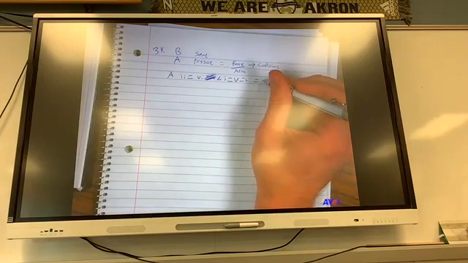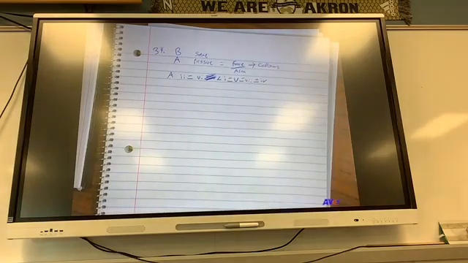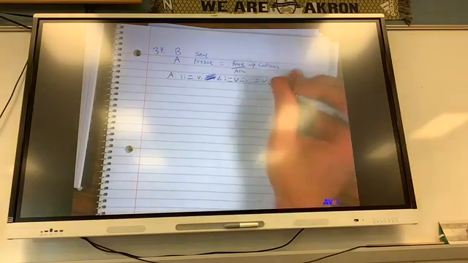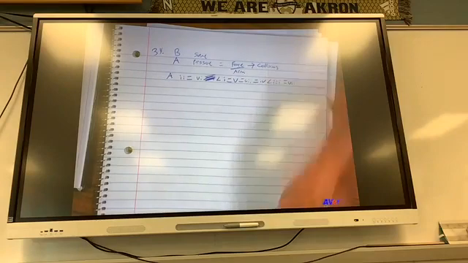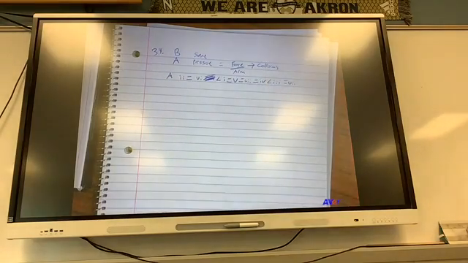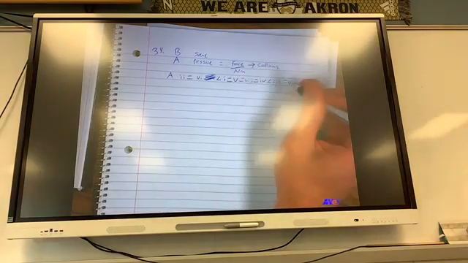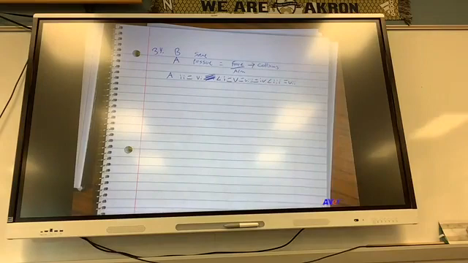I'm sorry, 4. Also going to be equal to 4, which is going to be less than 3, which is going to be equal to 7. So that's your pressure. Did I do 7 twice? I think the first one was supposed to be 8. That's my bad. There we go. That makes more sense. So that was pressure.